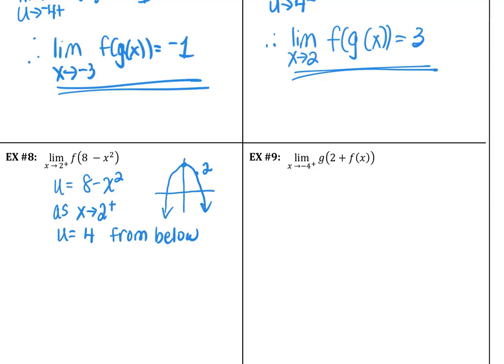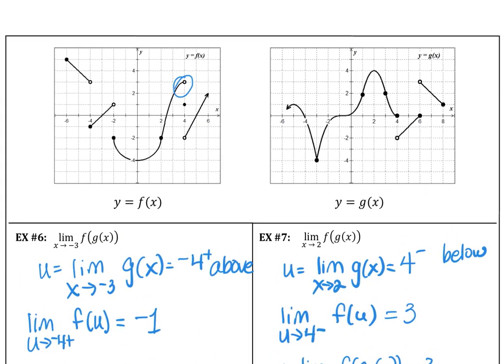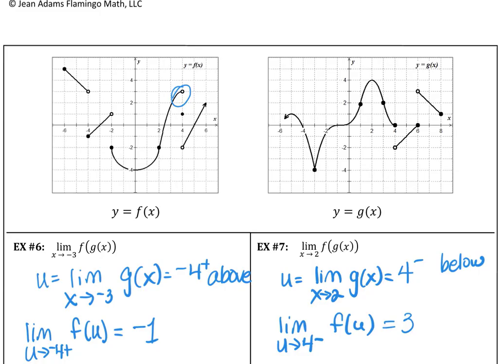Okay, so now in our composition, the limit as u approaches 4 from below, which is from the left, of f of u is going to be, now I have to go look at our graph. So we want to look at the f function at 4 as we approach 4 from the left. Approaching 4 from the left, that's going to be this branch here.